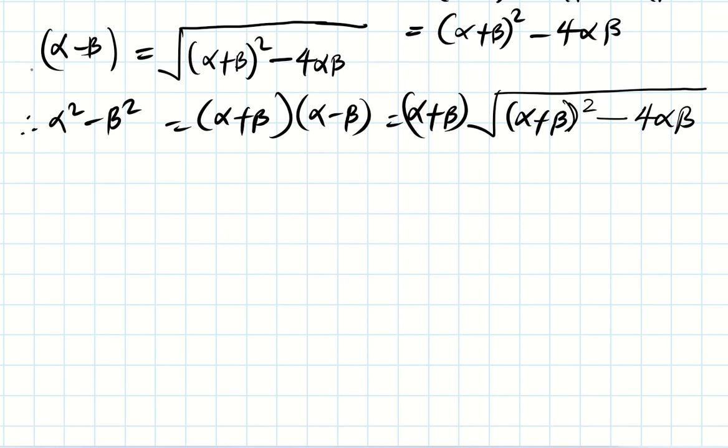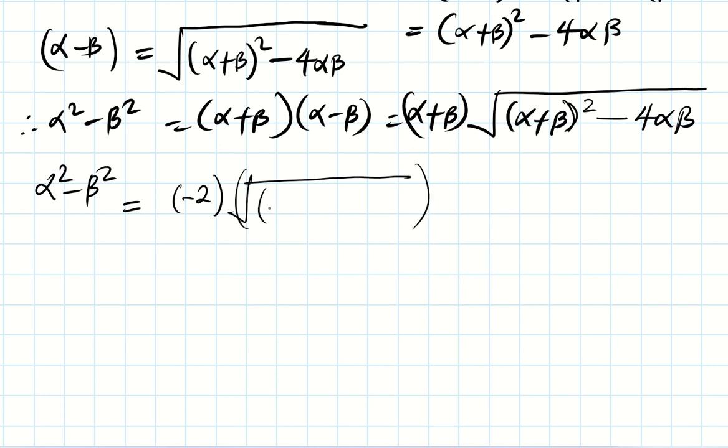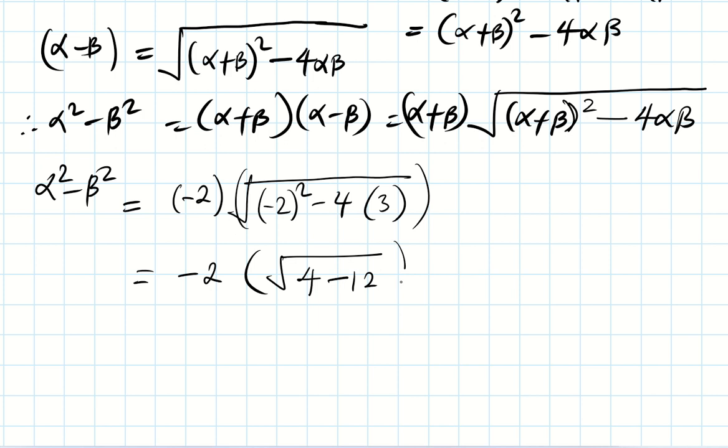Therefore, alpha² − beta² is equal to, the sum is minus 2, which is alpha plus beta, then the square root of (minus 2)² − 4(3). So that is the same thing as −2 times the square root of 4 − 12, so here is minus 12.